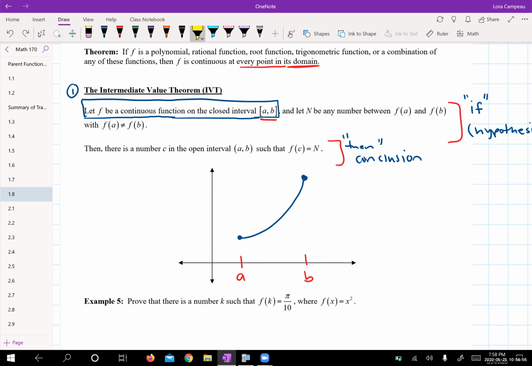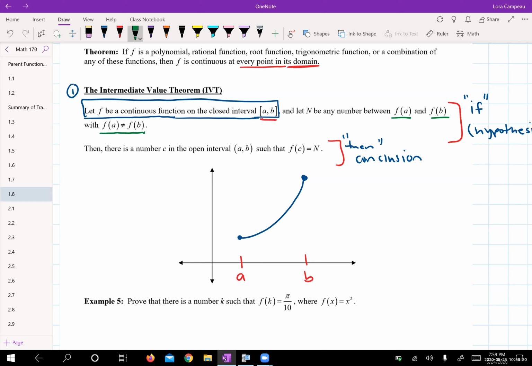Okay, now the next part we want to deal with is they want to talk about n, and they're just using a random y value. It's any number in between the function evaluated at A and the function evaluated at B. As long as these 2 y values are not equal, so we don't have a constant function.